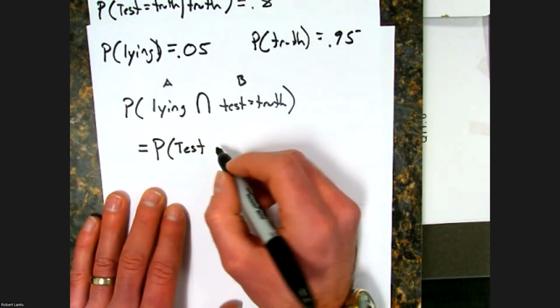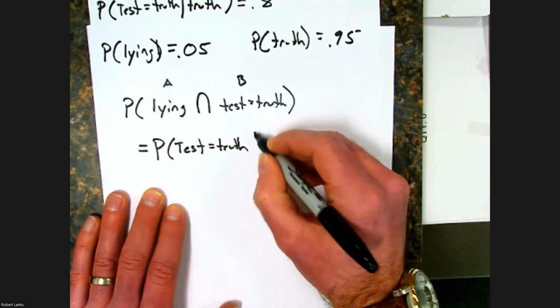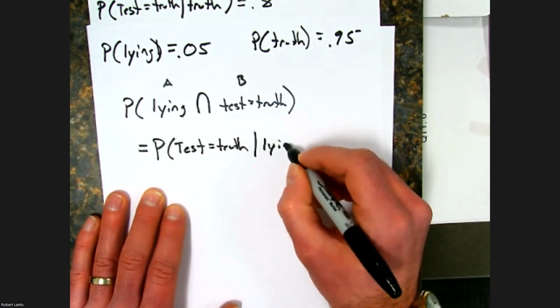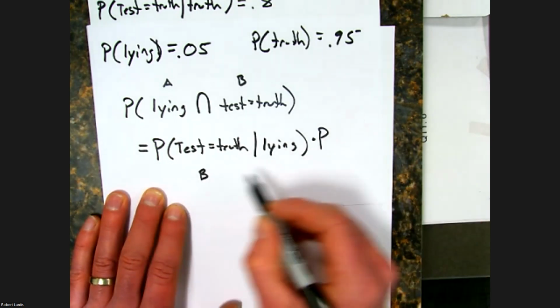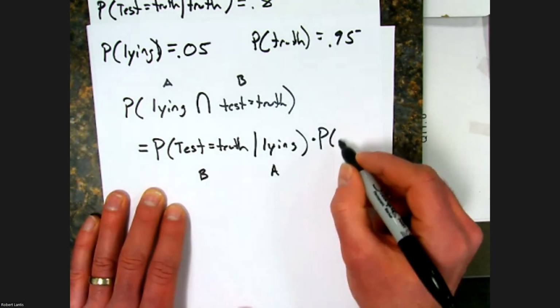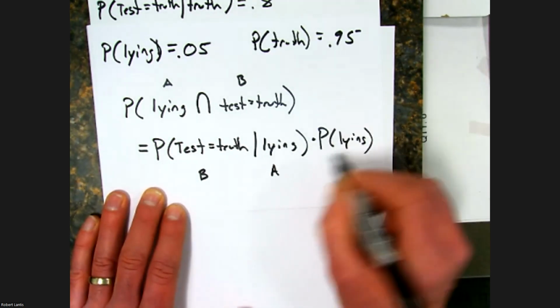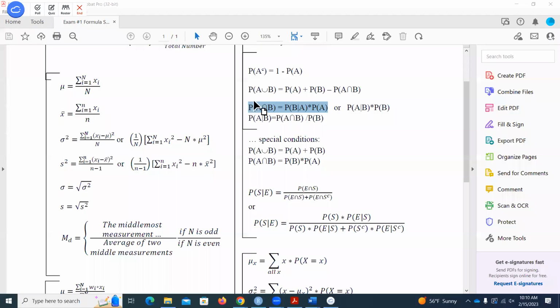What do I want? The probability that the test shows truth given that the person is lying, multiplied by the probability of whatever I'm conditioning on, or here would be kind of my event A. So we go back to the formula sheet. I identified my A and my B as lying, telling the truth.